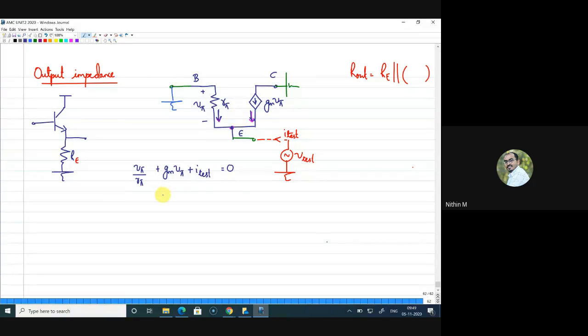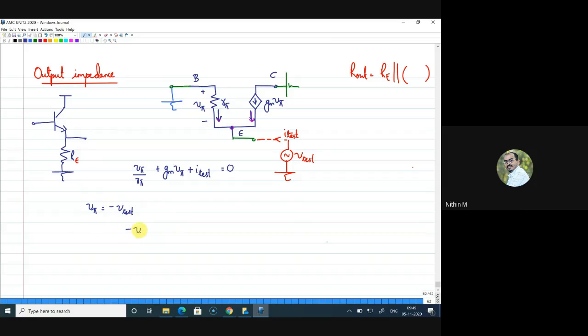Now, okay, give me a second. Yeah, so you can see that the voltage V test is, let me write the relation between V pi and V test. So V pi is from ground to VE and V test is from E to ground. So V test is equal to minus V pi, right.